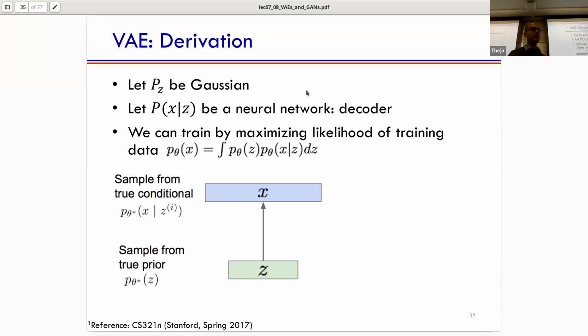So we're going to assume P of Z to be Gaussian, and P of X given Z to be the decoder. So given Z, we go through the decoder, and that hopefully characterizes the conditional probability of X given Z.